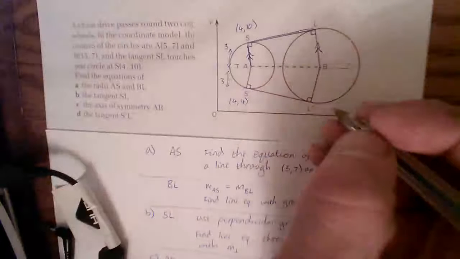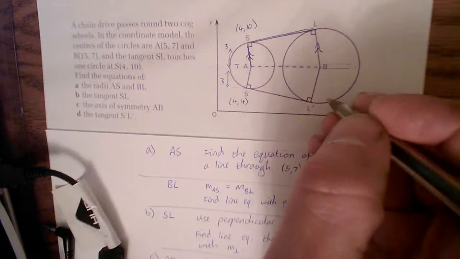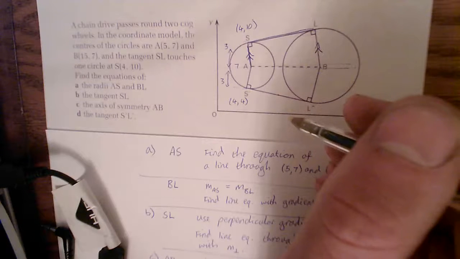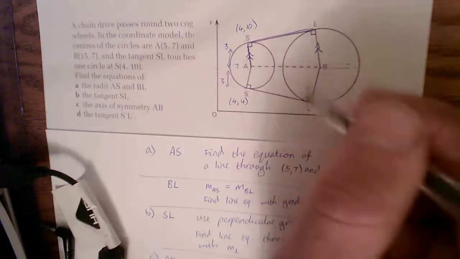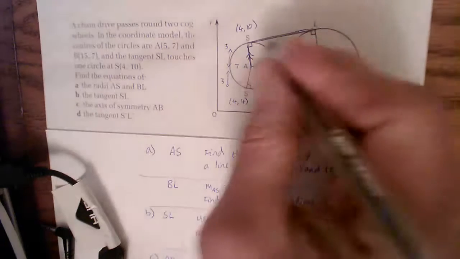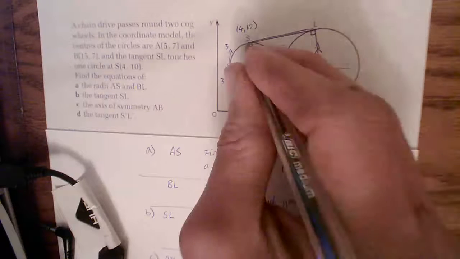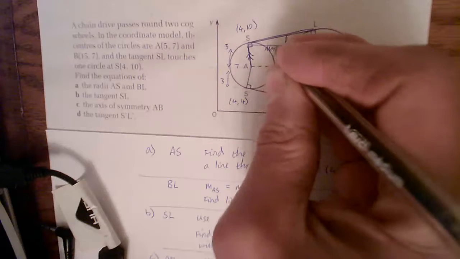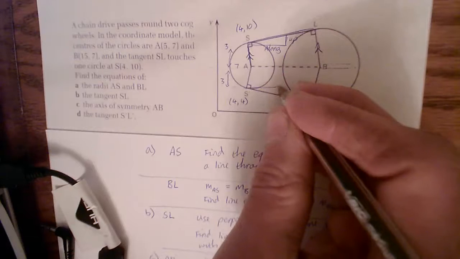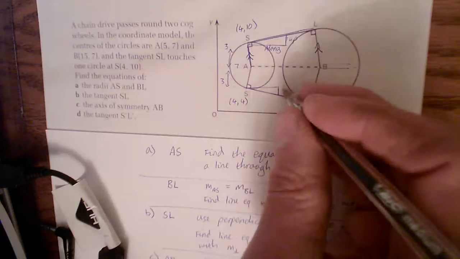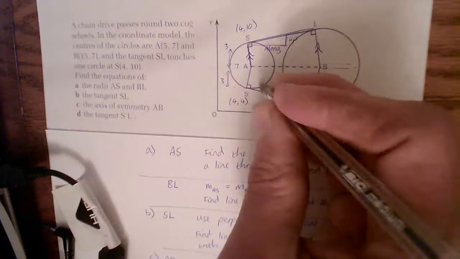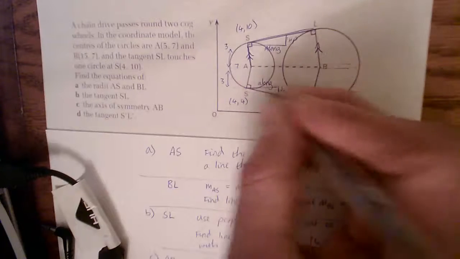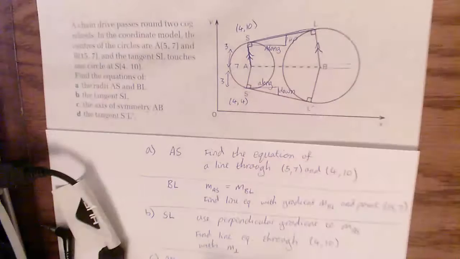Now that's a clever extra trick that we can use in this very particular situation. So this is quite a tricky question because you haven't met that idea before. So hopefully now it makes sense. If I was going to convince you of that fact, gradient is how far you go up over how far you go along. Here, the along doesn't change, but because we've reflected in the line of symmetry, we're now going down instead of up. So we're going to get a negative instead of a positive amount. And so we can see the gradient remains the same, but it's going to be negative.